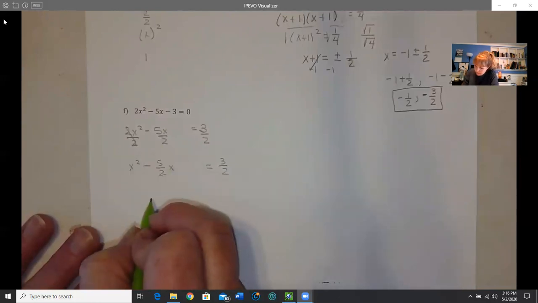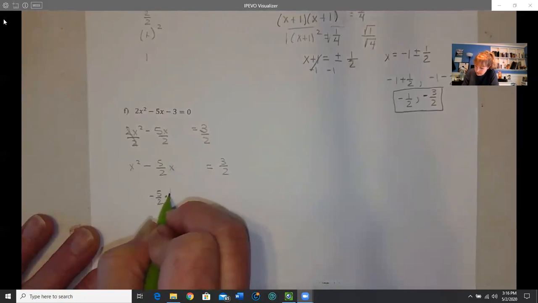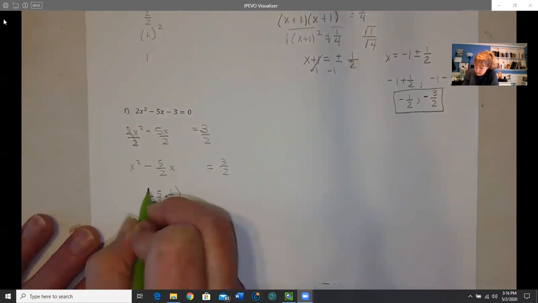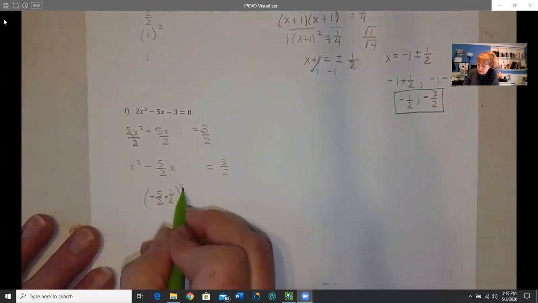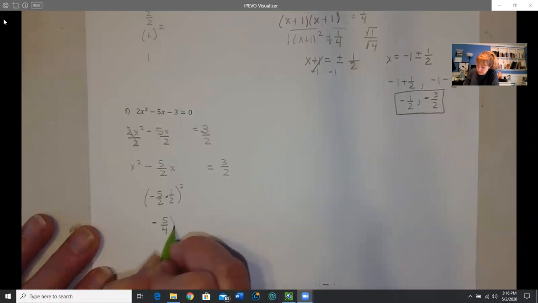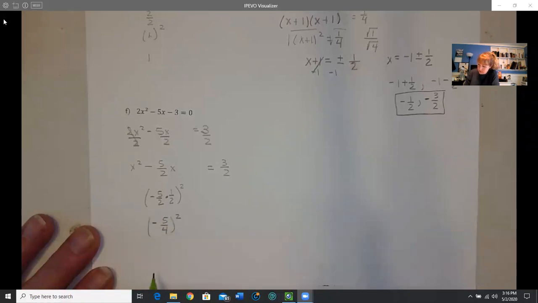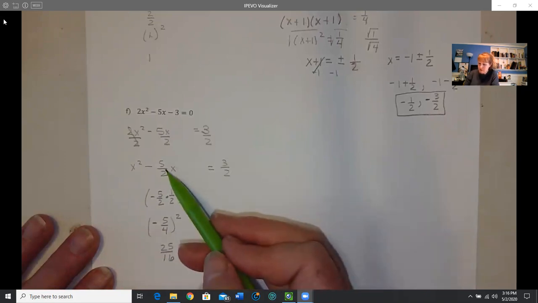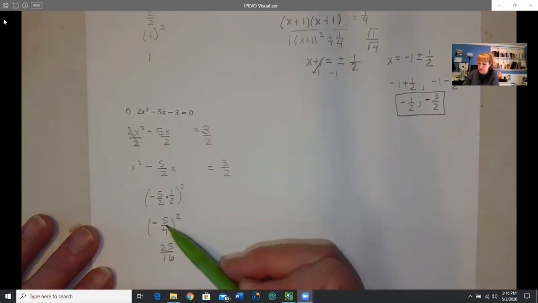So I'm going to have a negative 5/2, and then I'll square it. So a negative 5/4 is going to be a positive 25/16. So instead of dividing by 2, I multiplied by 1/2, and that gave me this.